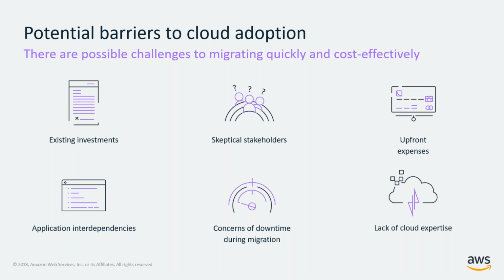I would like to start with the lack of cloud expertise. A lot of companies have this task to migrate their workloads to the cloud, but they don't actually know how the cloud works or what the benefits of going to the cloud are. That's where partners like Rackspace can help you with training or even executing the cloud migration project for you.